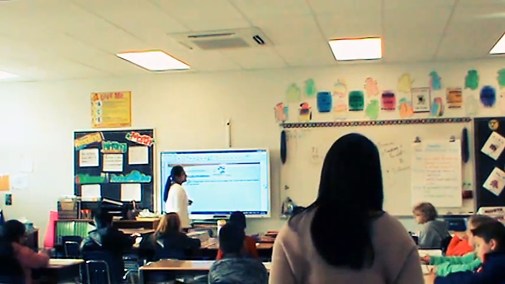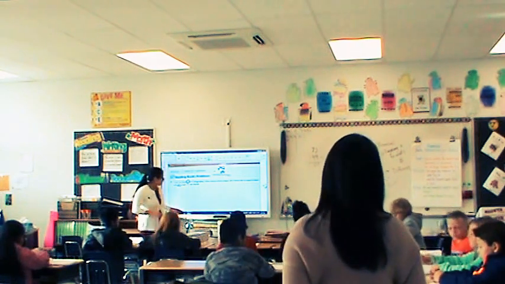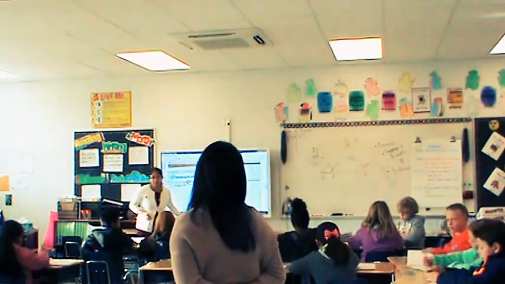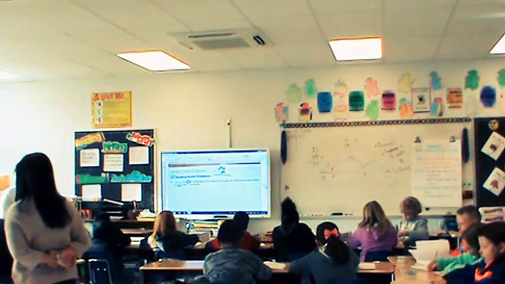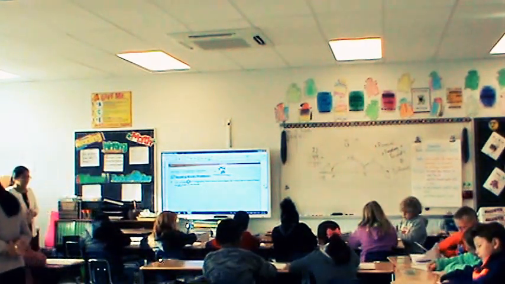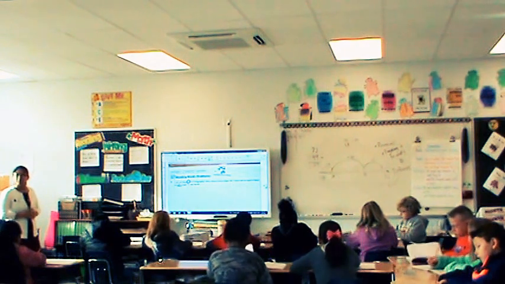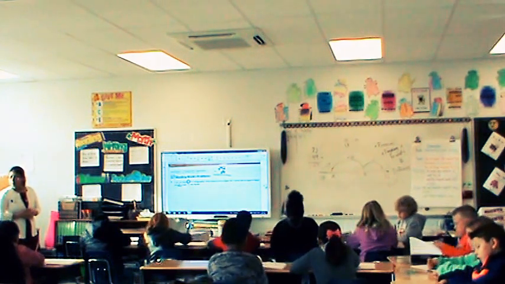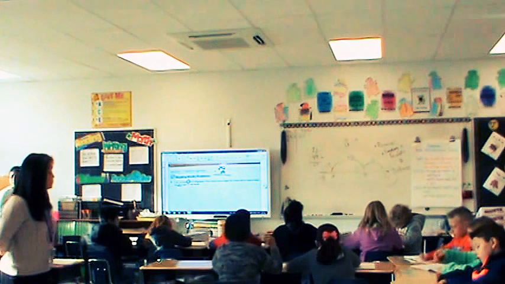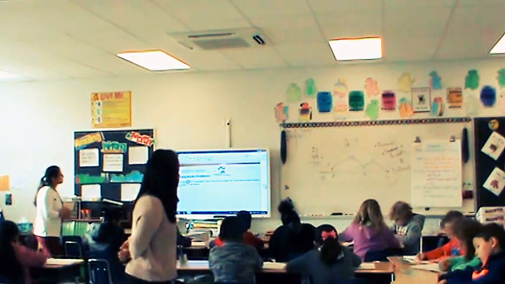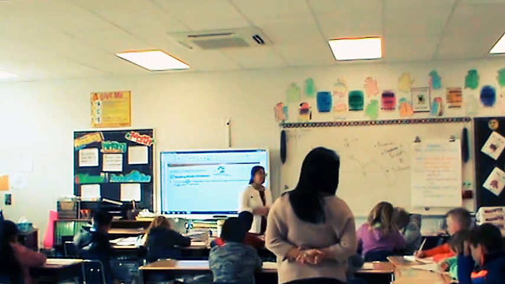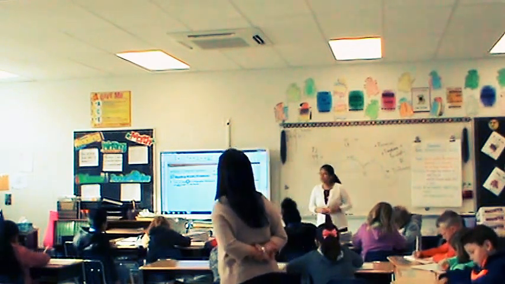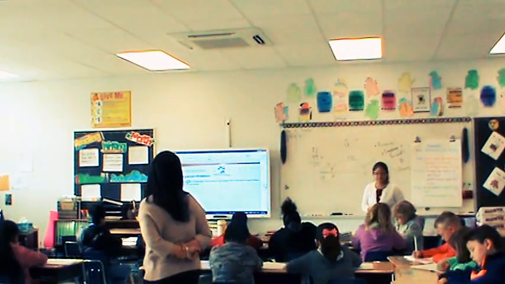So you want to find your next clean page in your journal, put your date at the top, okay? Today is November the 28th. Good job, Eva. Already have it done. Write down your subtraction problem. 292 subtract 26.